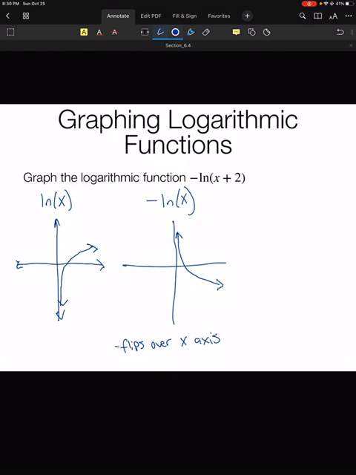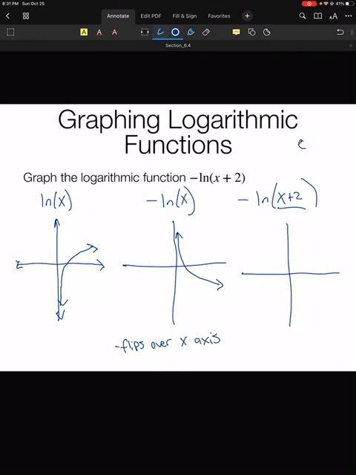And then when I add in plus 2, negative natural log of x plus 2, well, if you think about what's happening on the inside, this is very similar, of course, to our exponential partners, so to speak.